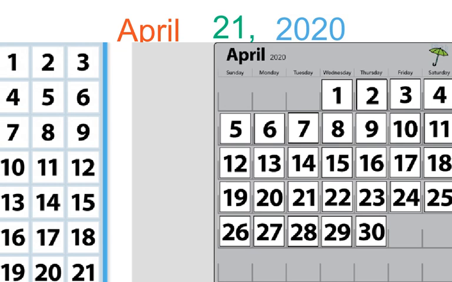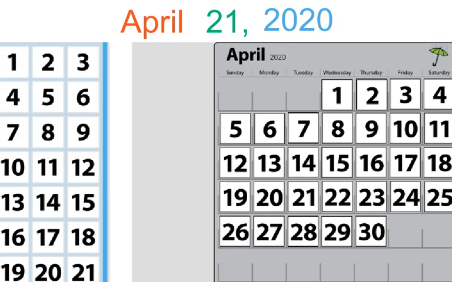Alright, let's go ahead and look at April 21st, 2020 on the calendar. Can you find 21 on the calendar? There it is. What day of the week does that make it today?